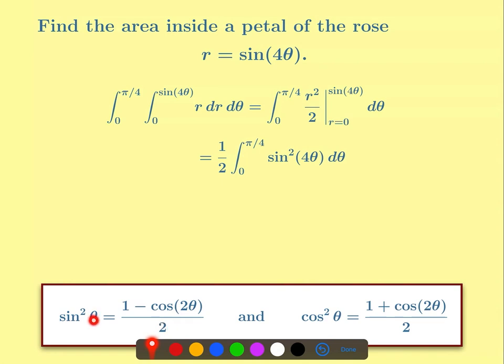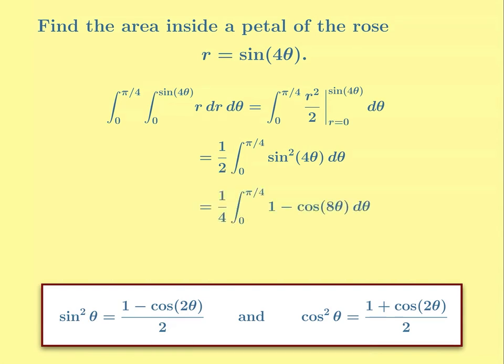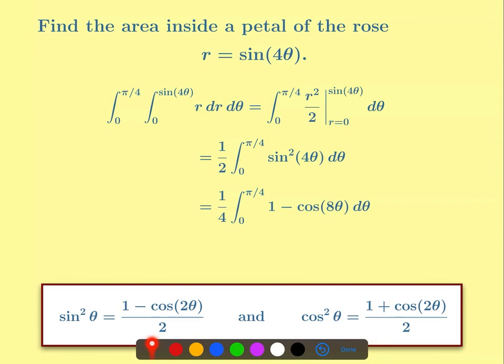So I'm going to replace this theta here with 4 theta, so this becomes an 8 theta. And I can take out this 1/2 and give me a 1/4 there. So that's where the 1/4 is coming from because I have a 1/2 from this. And then I'm left with 1 minus cosine of 8 theta.